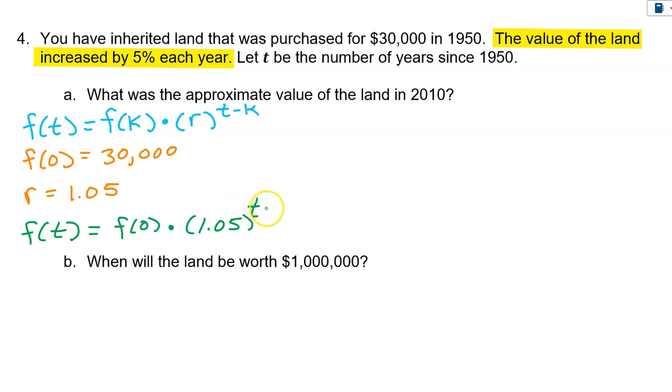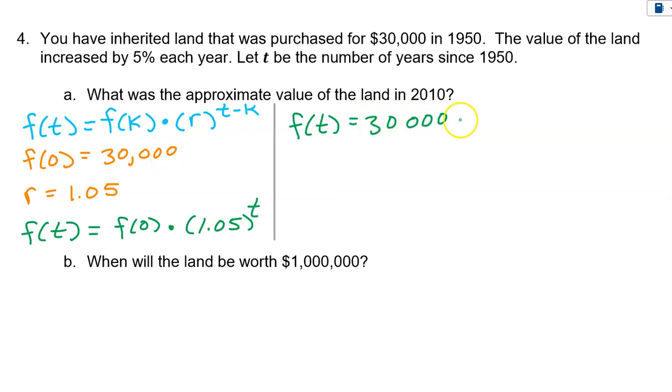So that'll be t minus 0 from here, but we don't need to put the minus 0. But f at 0 is 30,000. So we have f of t equals 30,000 times 1.05 to the t power. This equation gives the value of the land t years after 1950.